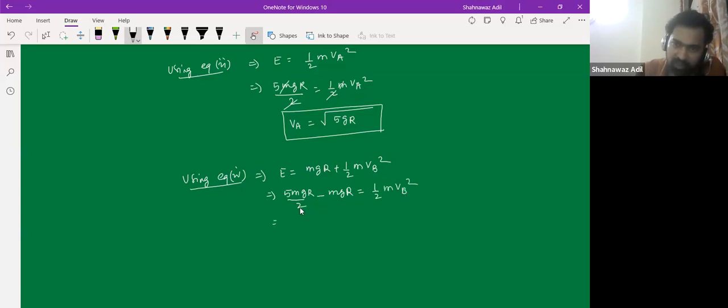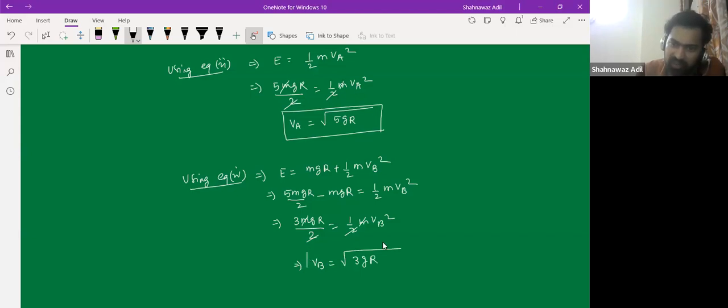So how much is this? 3 mgr by 2 equals half m vb square. 2 cancels, m cancels. So vb is root 3gr.